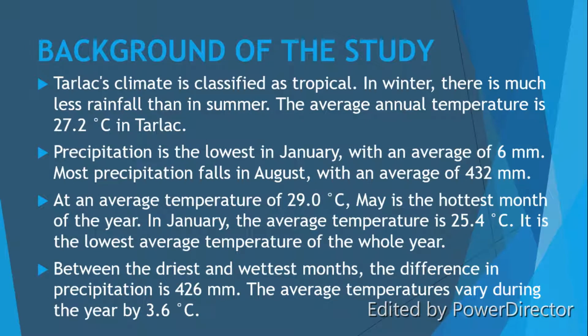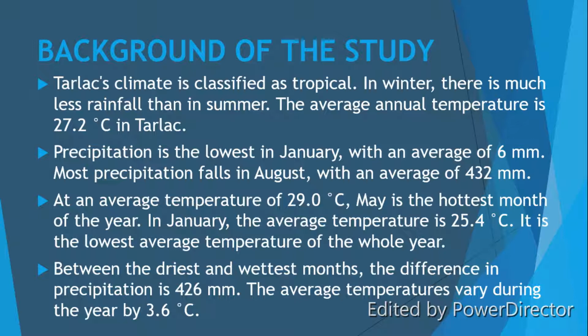Tarlac's climate is classified as tropical. In winter, there is much less rainfall than in summer. The average annual temperature is 27.2 degrees Celsius in Tarlac. Precipitation is the lowest in January, with an average of 6 millimeters.